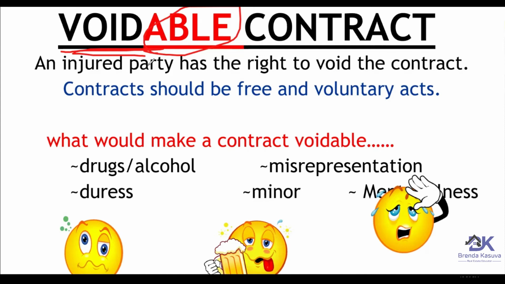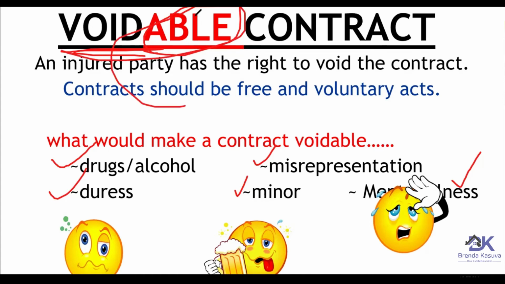There's a possibility of it being voided out. So that's why anytime in the test, there's questions about drugs and alcohol, duress, a minor, misrepresentation, or mental illness, the answer is always going to be voidable because there's a possibility.